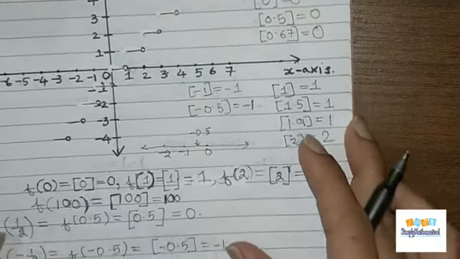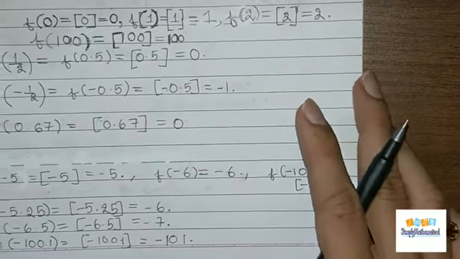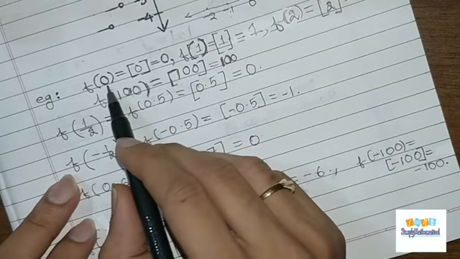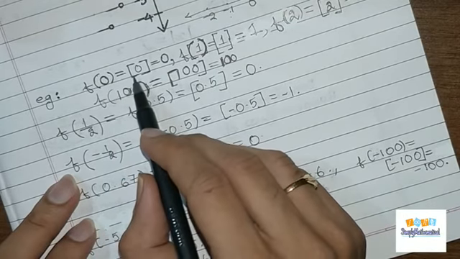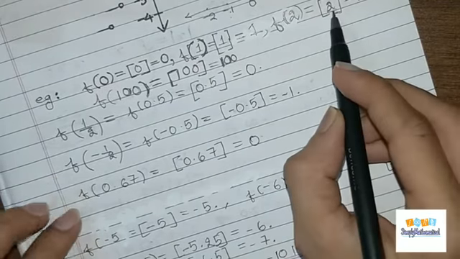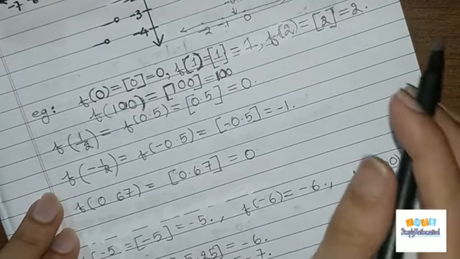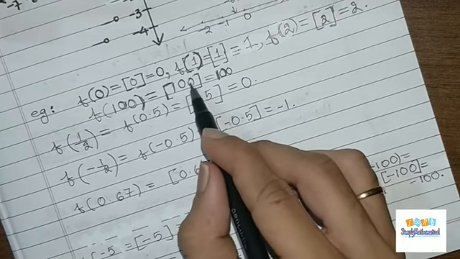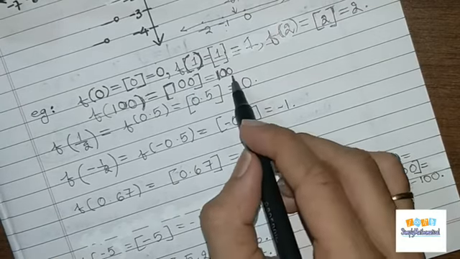Now if we look at some examples in the greatest integer function, let us first look at this. F of 0 will be 0. Then f of 1 will be 1, f of 2 will be again 2, that we have seen. Now f of 100 will be what? That is the greatest integer less than or equal to 100, that is 100 only.